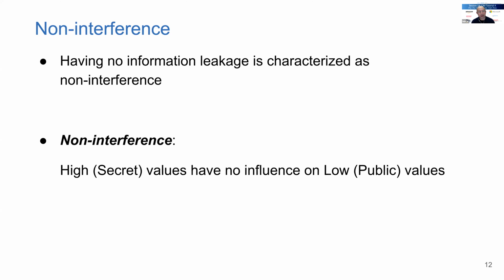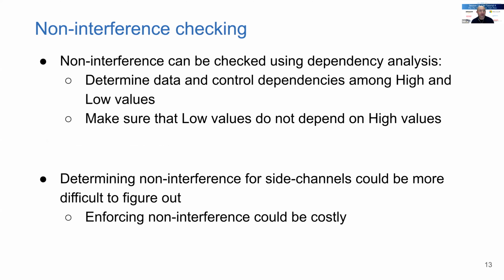But there is this concept of non-interference, and the idea there is that there should be no information leakage from secret inputs. And that is ideally what you would want. So non-interference: high secret values have no influence on public values.